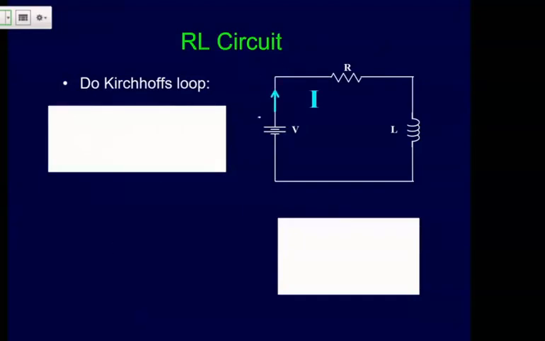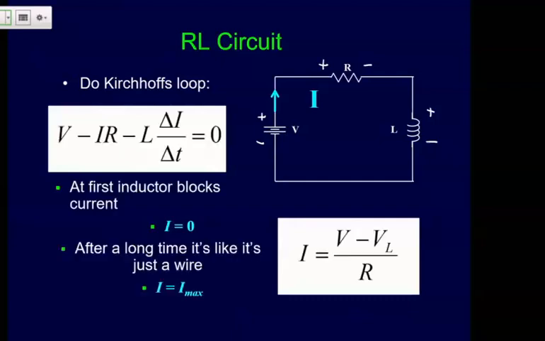If I do my signage, I'll get a positive and negative there, positive, negative there, and then positive, negative there. So again, the current is just starting out, we'll say. And so if I do this, over here, let's just do a Kirchhoff's rule. If I start here, I come this way, I get a positive voltage.